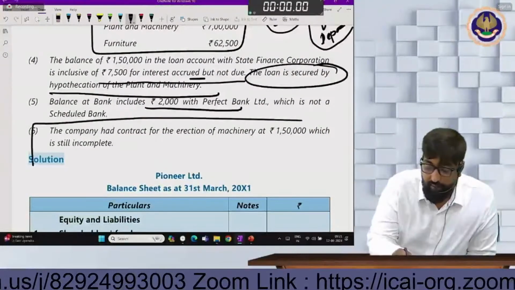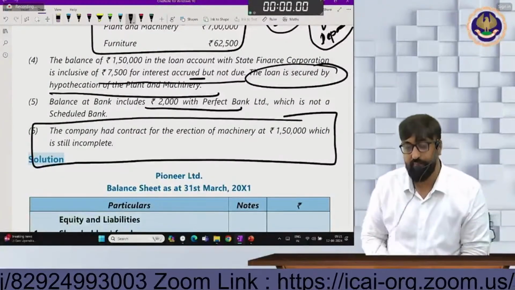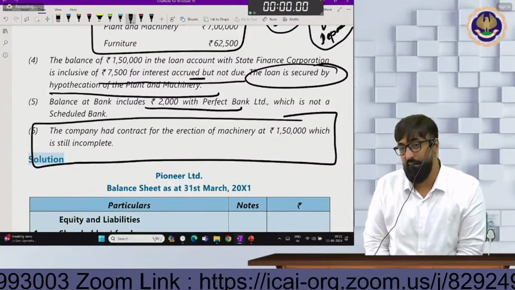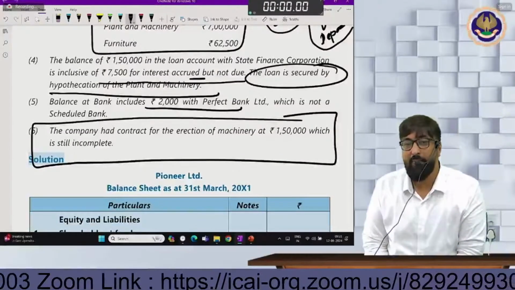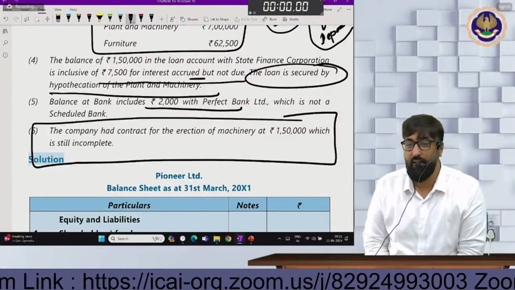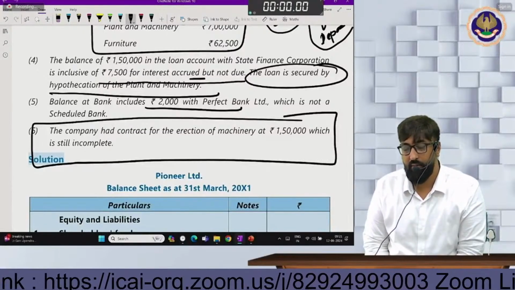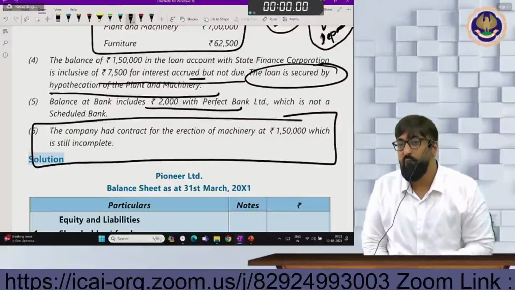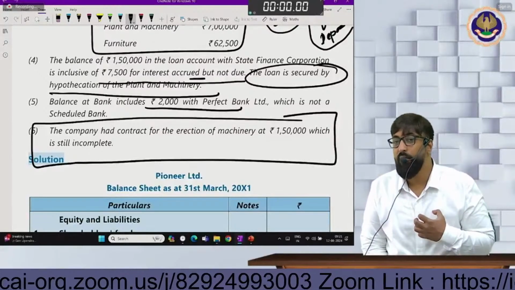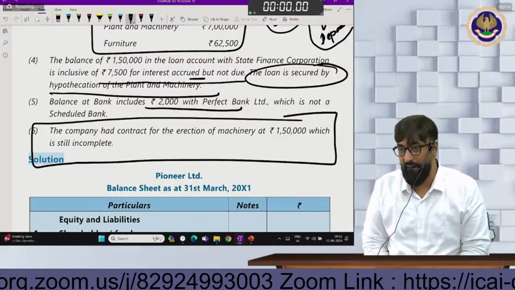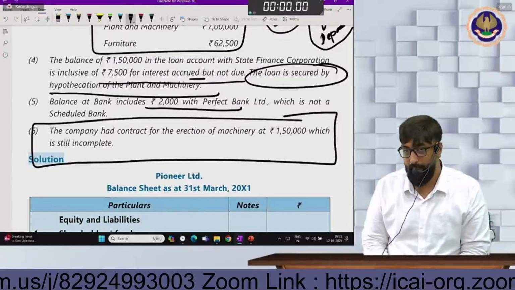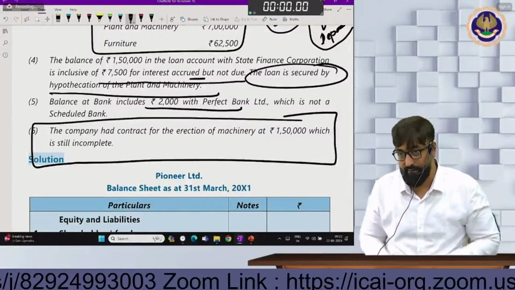And last one. The company had a contract for the erection of machinery at 1,50,000, which is still incomplete. So if we have a contract and if we do not fulfill that contract, so we have to pay some penalty. And these are big contracts.